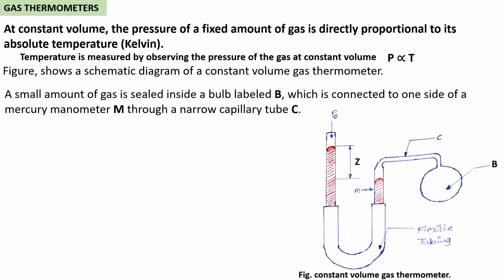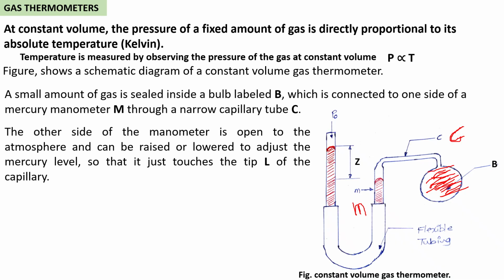Here gas is sealed inside the bulb, labeled capital B, and this bulb is connected to the manometer capital M through the capillary tube, represented as capital C.